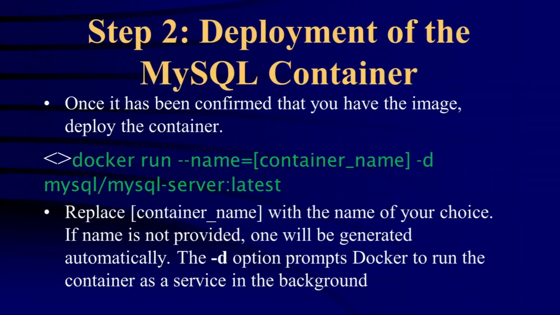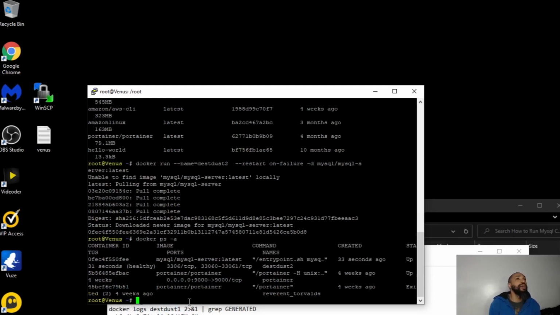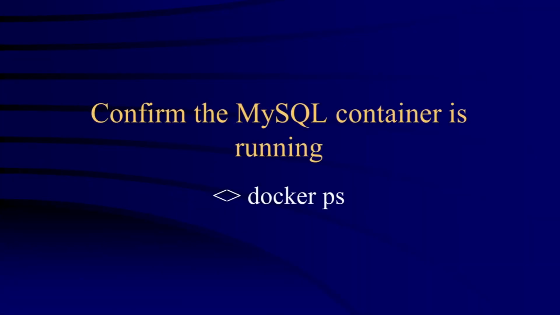Okay. We're gonna see what I did. All right. So back to, let's see, Docker PS dash A. All right. So we have MySQL running, and I did a Docker PS dash A. So that's what I needed to do.